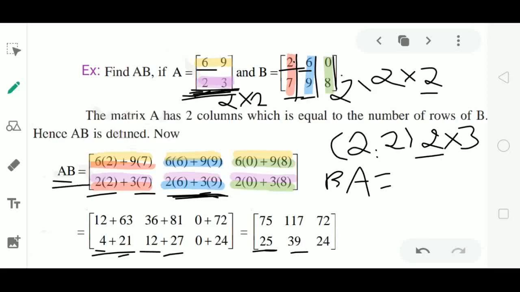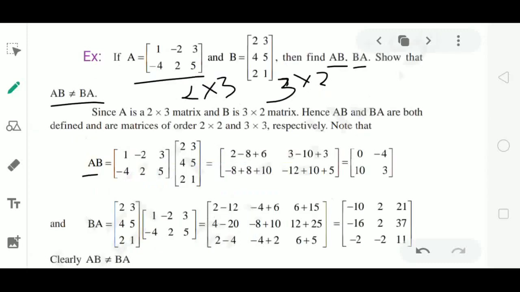But number of columns of B is not equal to number of rows of A. Hence, as here number of columns of B is not equal to number of rows of A, we cannot define matrix BA because it is not satisfying the condition of multiplication of matrices. This shows that if AB is defined, then BA need not be defined.